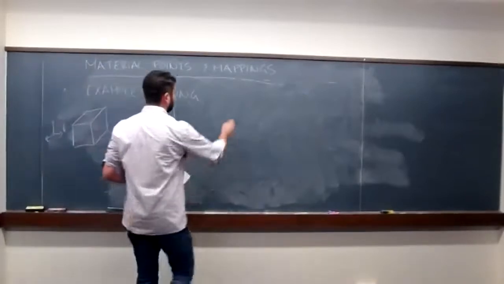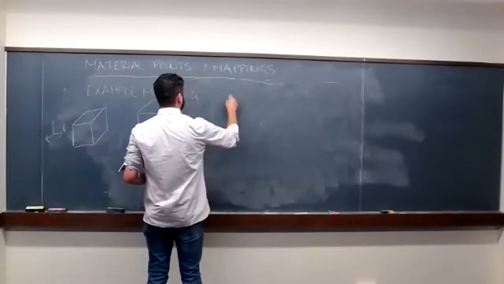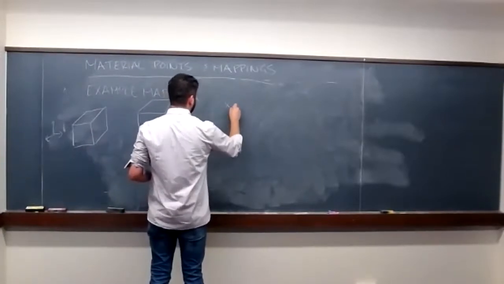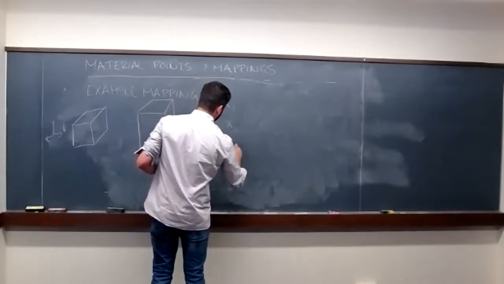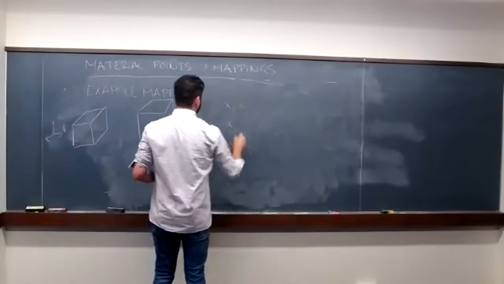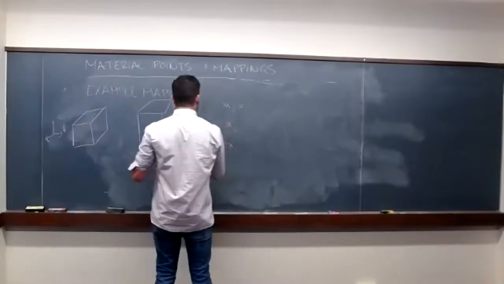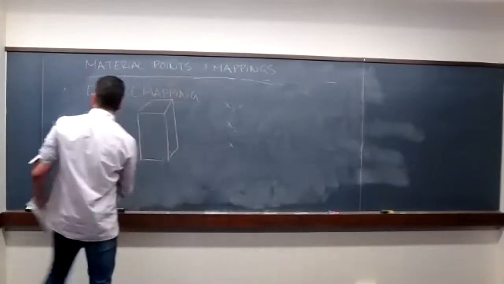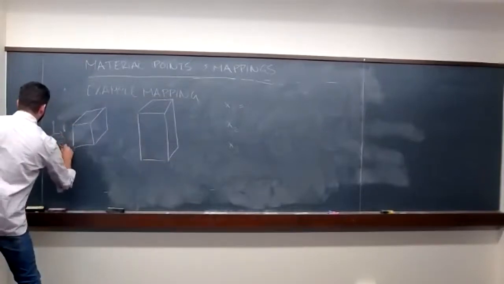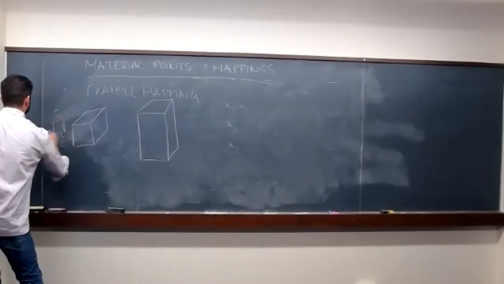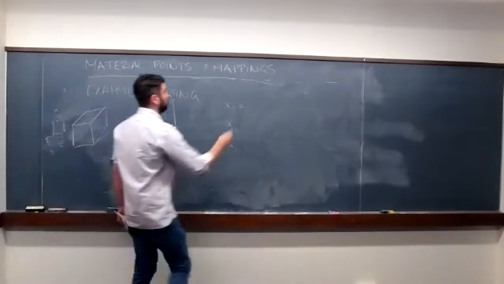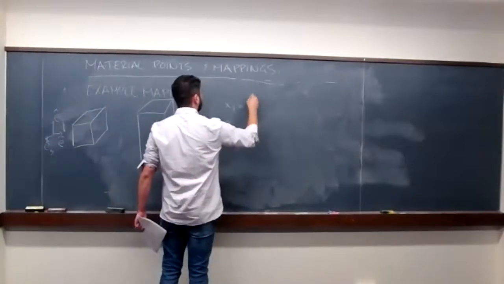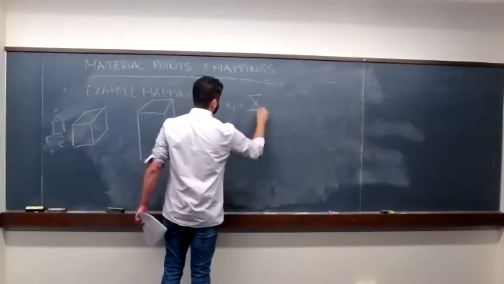To describe that, we're going to take each coordinate point, so x1, x2, and x3, and we're going to relate those to their initial configurations. So since we're not stretching along the one coordinate direction, the current and the reference positions are the same.